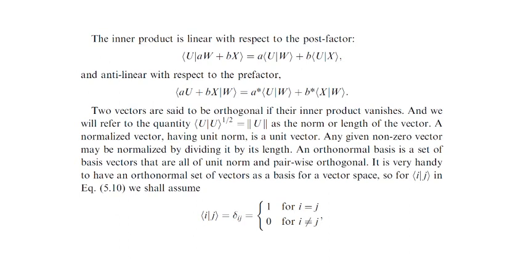If you take the inner product of i with j, then it will go to 0 because they are orthogonal. So you can write this inner product of i with j as delta ij, where delta ij is the Kronecker delta, which takes the value 1 only when the indices are the same, and goes to 0 when the indices are different.